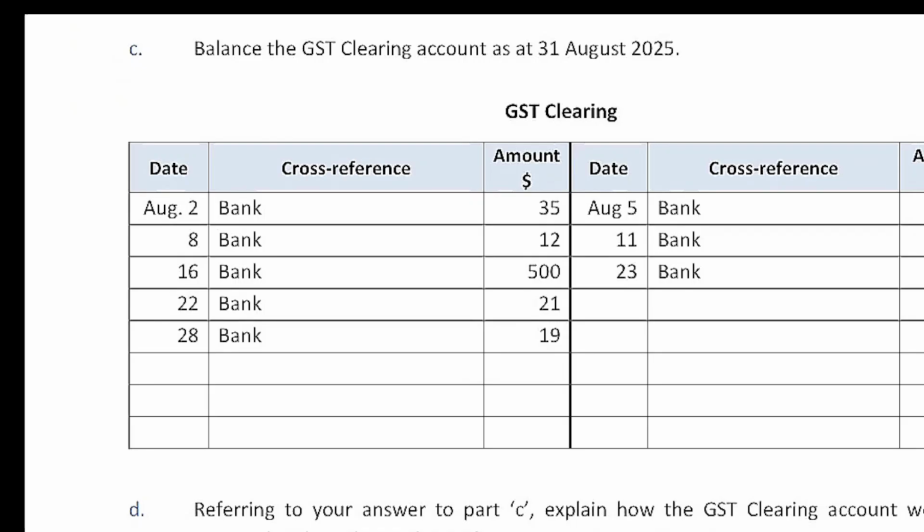We use the American method. How do you write the American method? Month first, then the day. Okay, that's fine. What have you done?